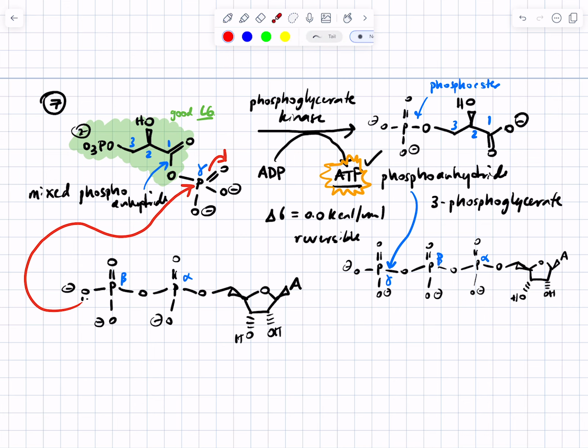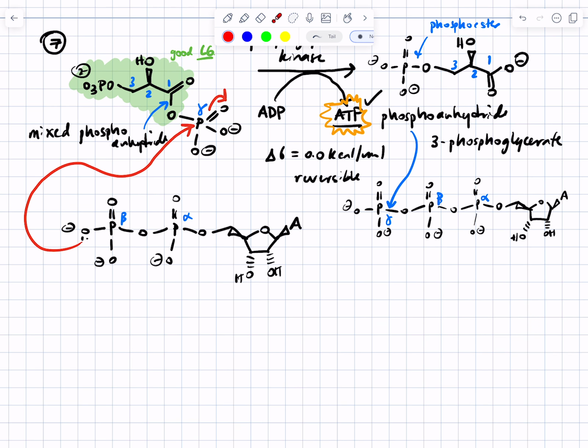So you would not expect ADP to be able to come along and attack this phosphate group, because the thing that would leave would just be a negatively charged alcohol, terrible leaving group. So for the remaining 3 steps of glycolysis, it's all going to be about getting the phosphate attached to something that could be a good leaving group. And nature's pretty creative in how it does this.